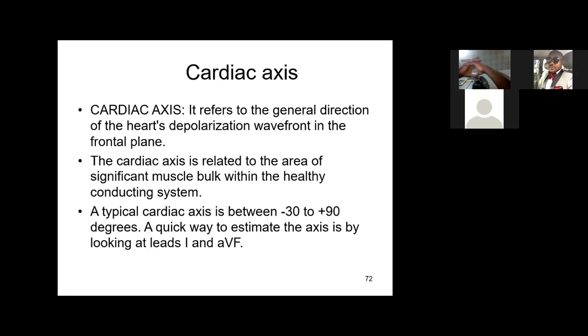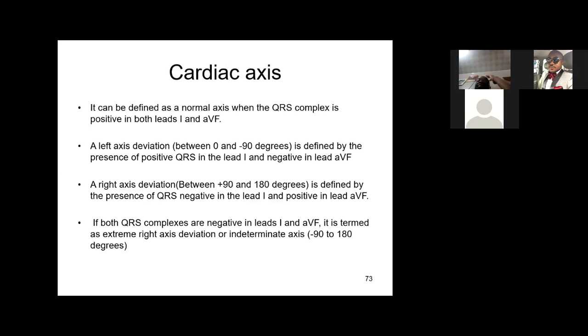Of course, a very quick way to estimate the axis, amongst all the rather complicated examples, is by looking at leads 1 and AVF. So the cardiac axis can be defined as normal when the QRS complex is positive in both leads 1 and AVF. Left axis deviation between 0 and -90 degrees is defined as the presence of positive QRS in lead 1 and negative in lead AVF.